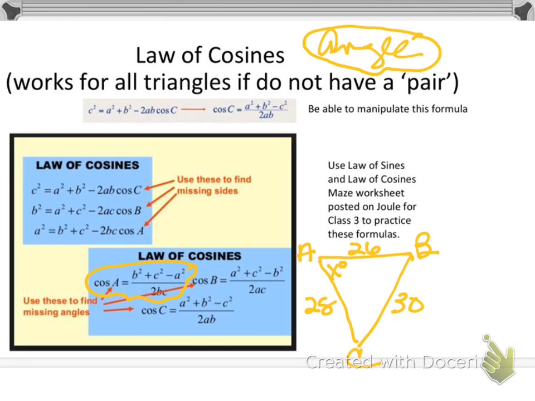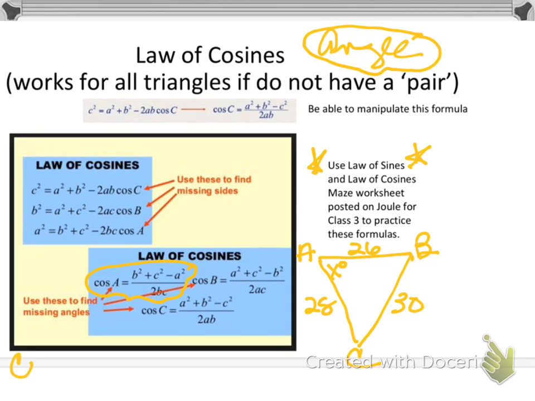You're going to have to be able to figure this piece out yourself when you set up your triangles. But this right here is a maze worksheet, which is going to help you work on this. I have posted this on Joule along with the answer key. So let's set this up now.